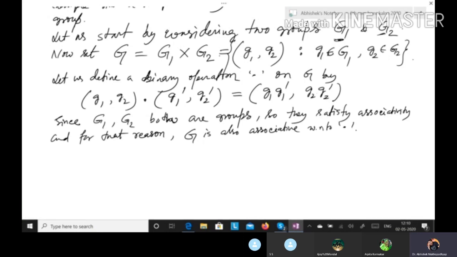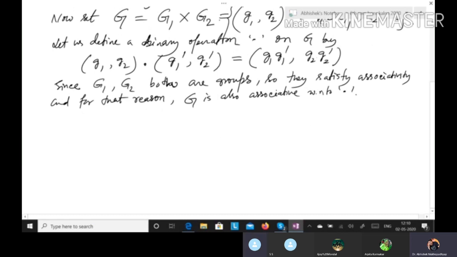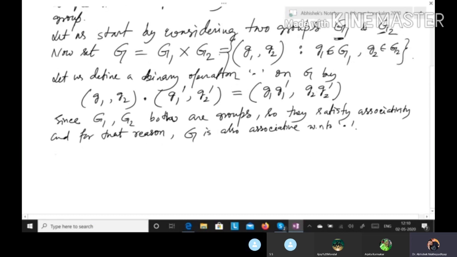Now for the identity, we know that G1 has the identity, suppose it is e1, and G2 has the identity, suppose e2.